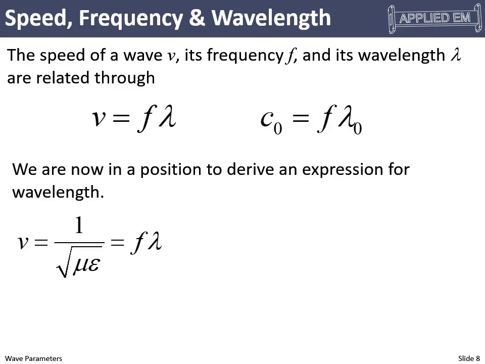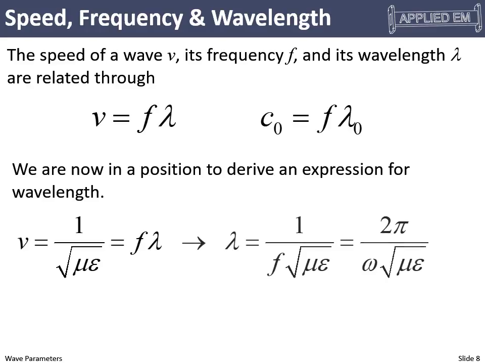So now we have really two equations for velocity. Velocity is related to the permeability and permittivity. We can also calculate it from frequency and wavelength. Well, this gives us an opportunity now to solve this equation for wavelength. So we can get these crazy expressions to calculate wavelength if we know the frequency and the material properties.